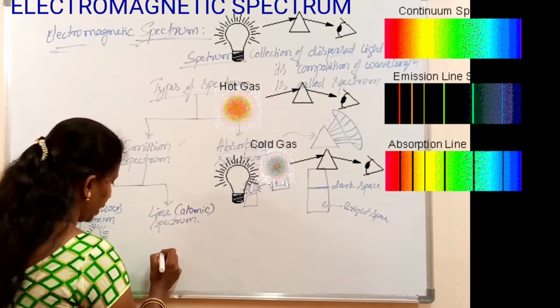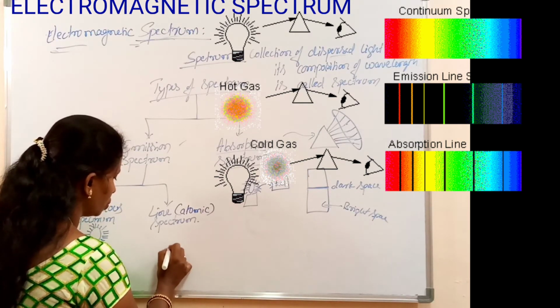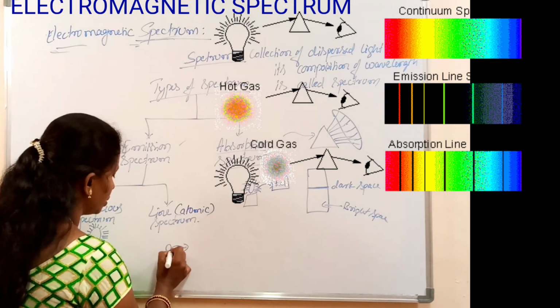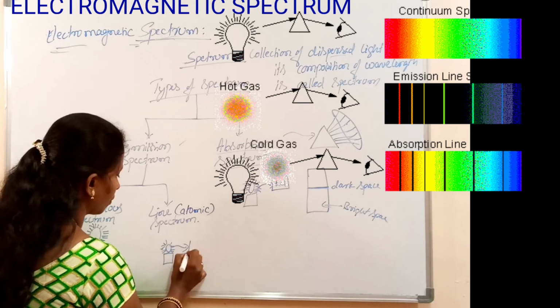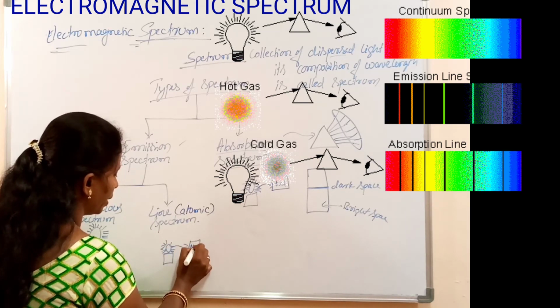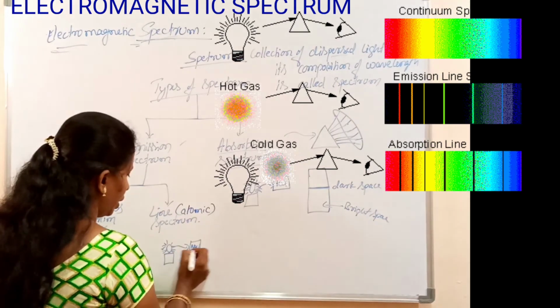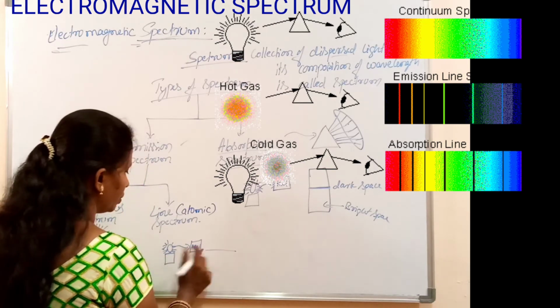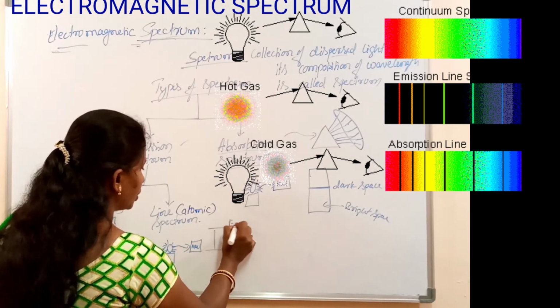Then you take another example. Take a candle, any source, and you allow these radiations to fall on NaCl, or heat NaCl. Then they are going to absorb this energy and go to the excited state.